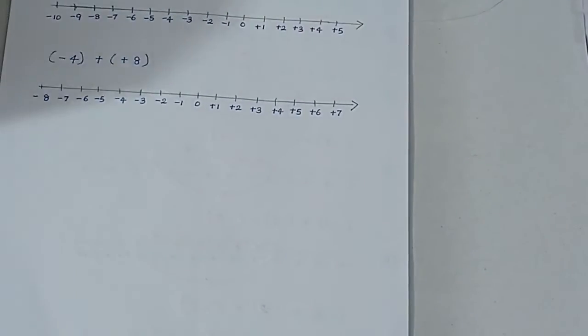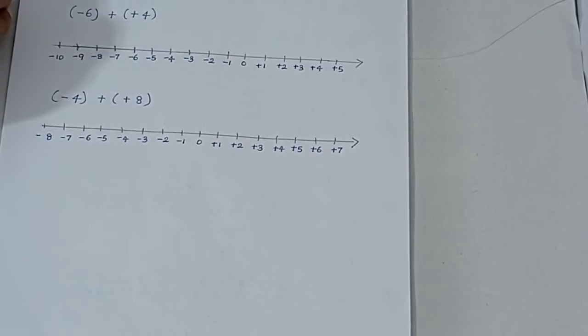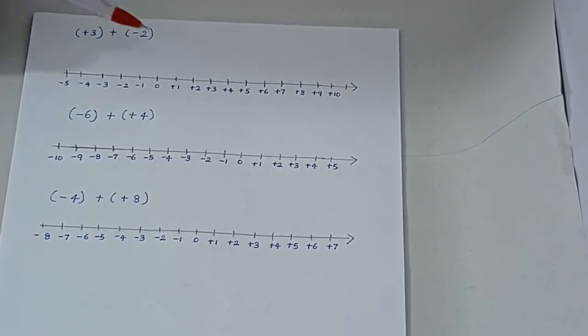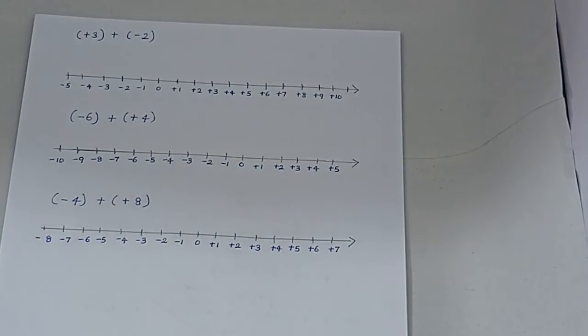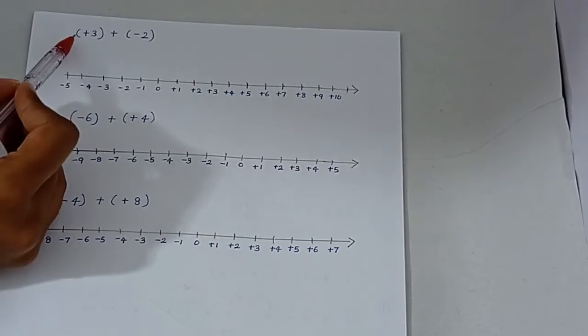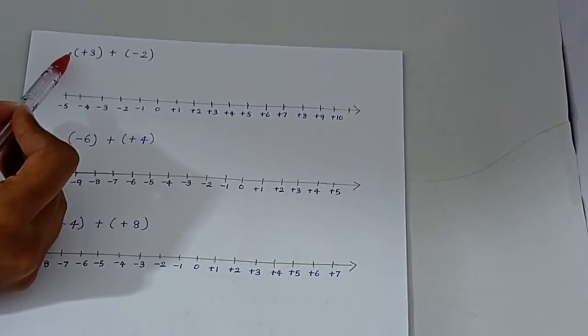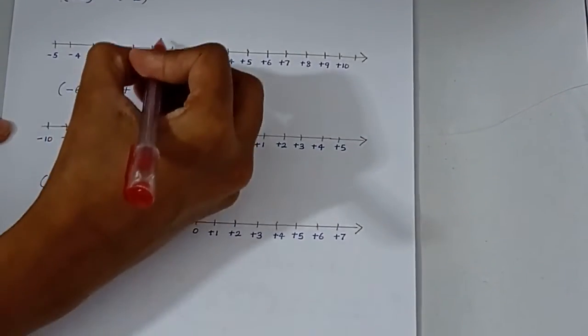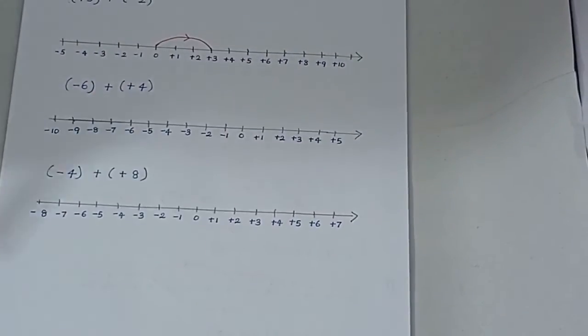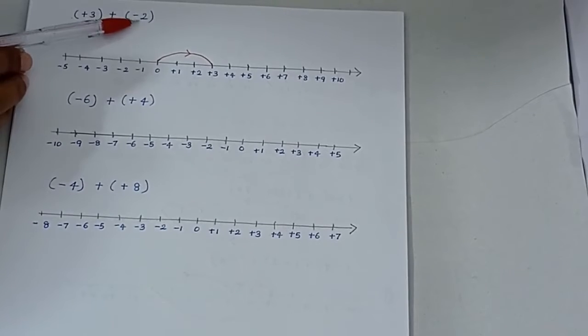Okay, see. Positive 3 plus negative 2. As you can see, one is a positive value, one is a negative value. Okay. The same rule applies here. You have to find the first integer starting from 0. Then 0 to positive 3. Like this. Then 2 negative values.